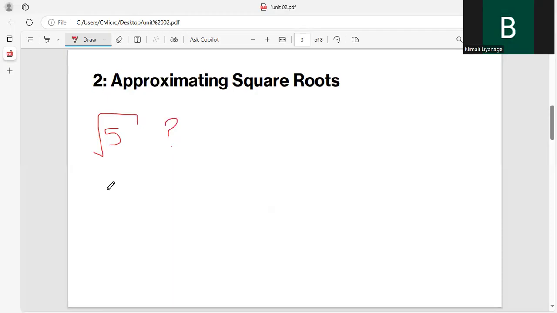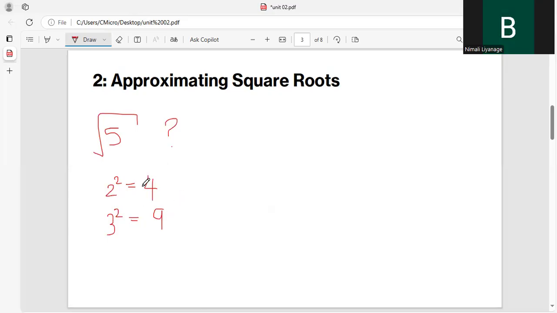We know the square of 2 is equal to 4, and the square of 3 is equal to 9. So when we consider the square root of 5, it is between 2 and 3. 5 is more than 4 and less than 9.